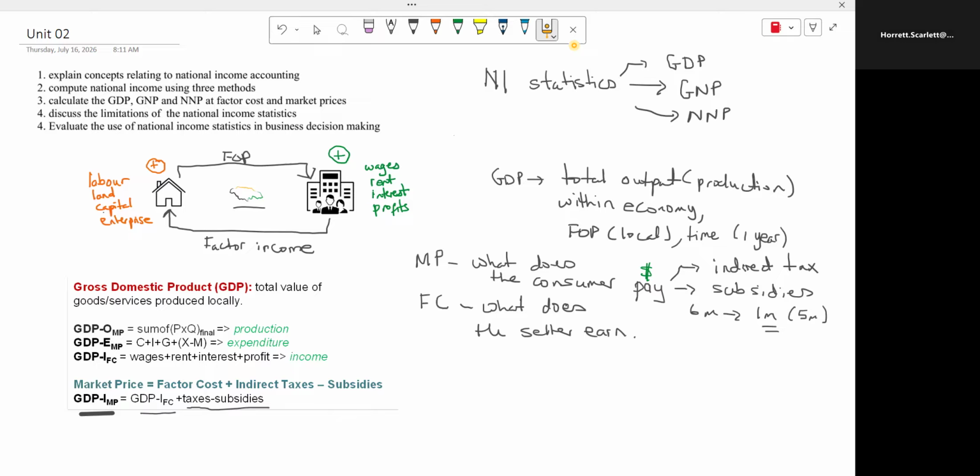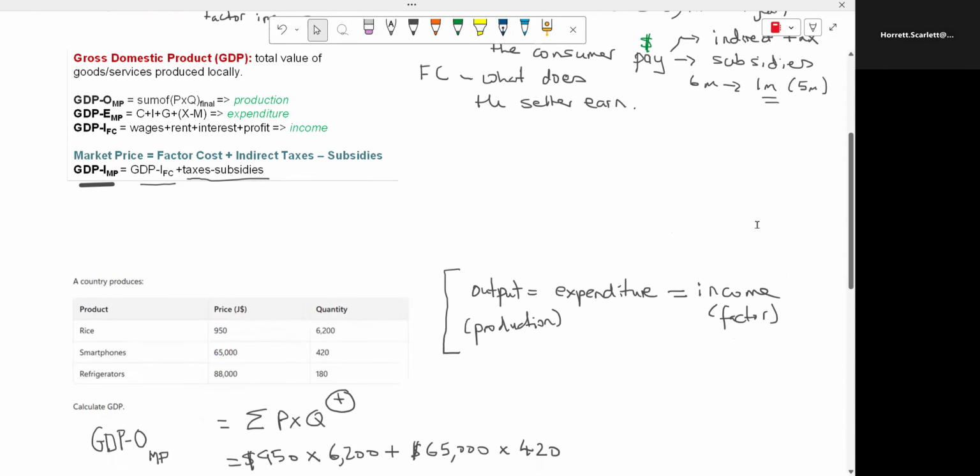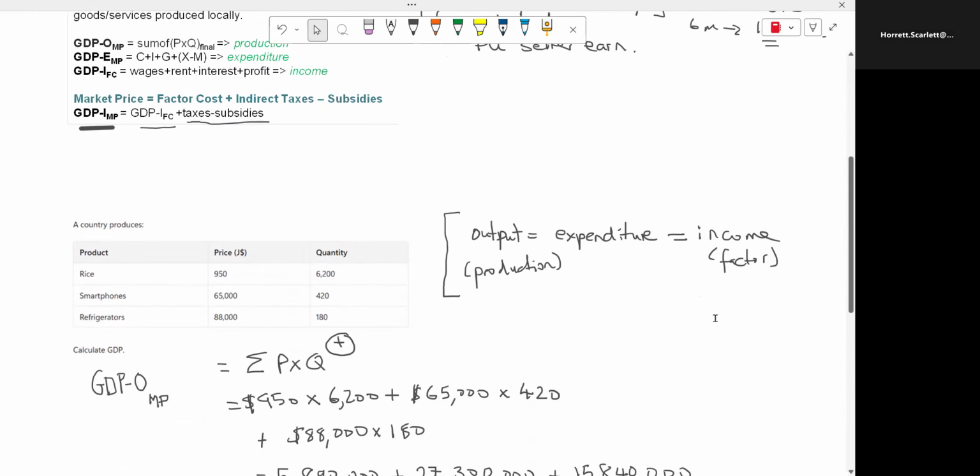We're also saying that the basic equation we're working with is that the level of output or production within the economy is going to be equal to the amount of expenditure in the economy, because everything that is produced is going to be purchased. That's the assumption.